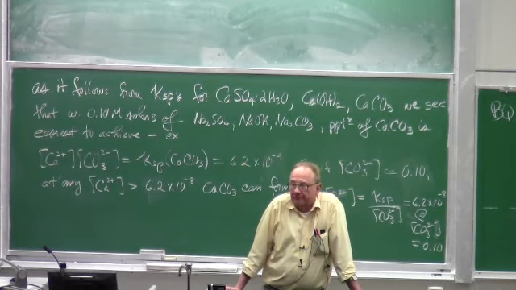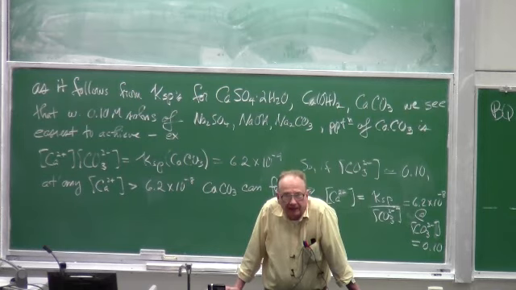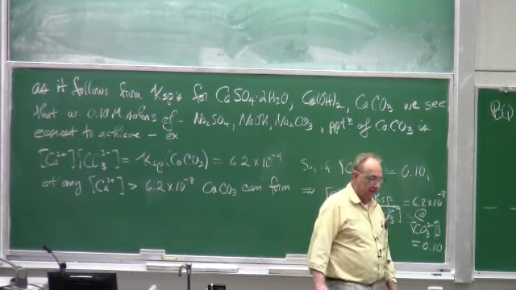So, if I have a basic solution system, or my solvent system is deionized water, and I want to test it for calcium ion, surely I'm going to try the addition of carbonate ion in preference to the addition of hydroxide ion, because the carbonate is much more easy to form, much less soluble than the hydroxide.